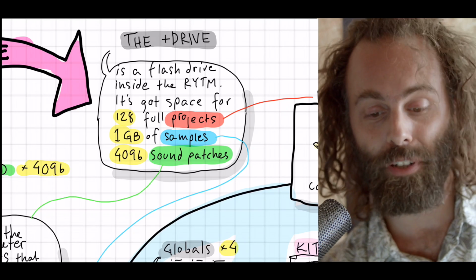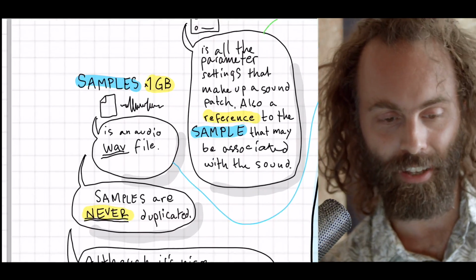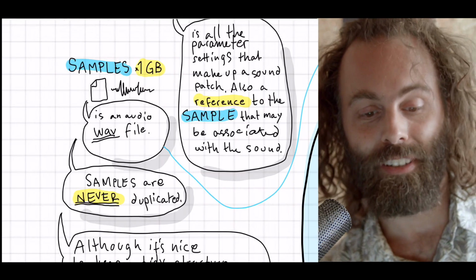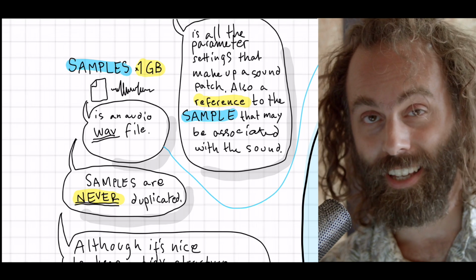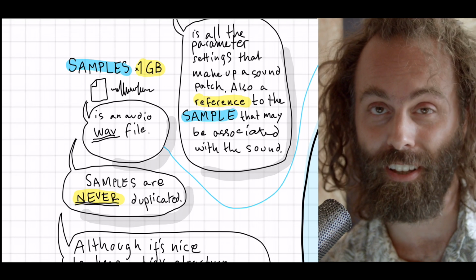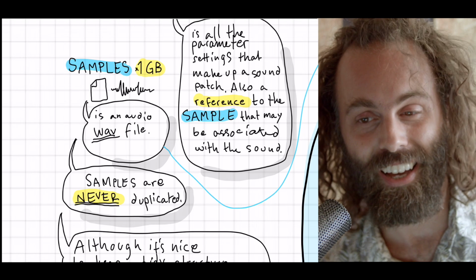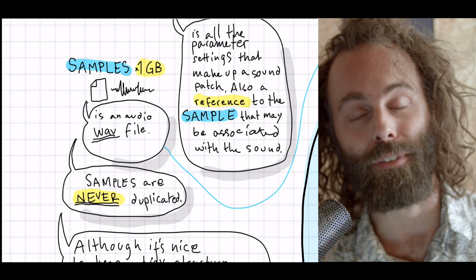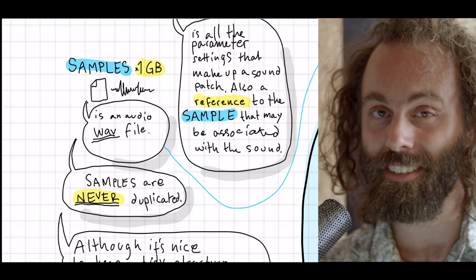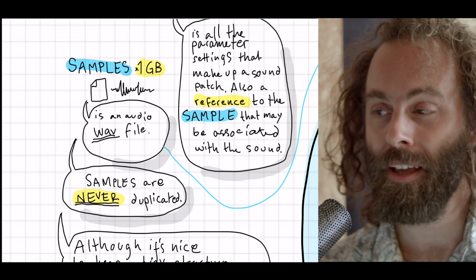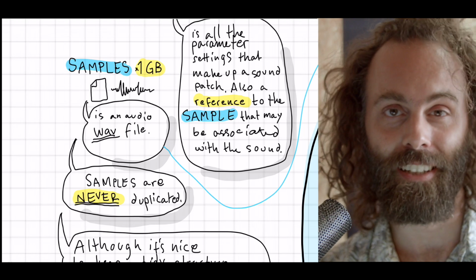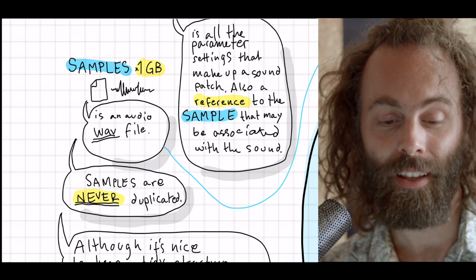Let's see, what is a sample? Let's follow this blue line here. A sample is an audio wave file. It has to be transferred to the analog Rytm. Currently, you do that through either the app called Sysex, which is Elektron's own Sysex and file management program, Transfer C6.